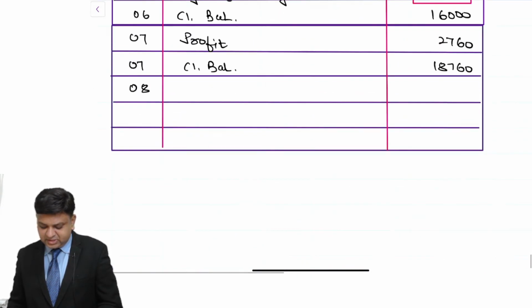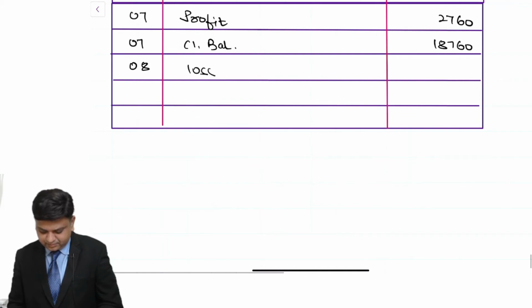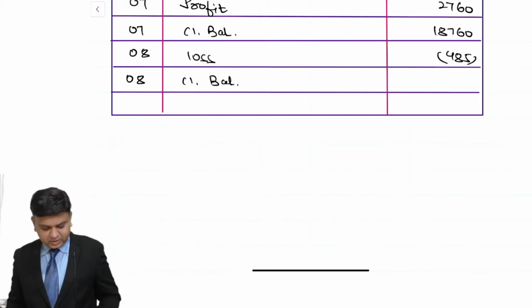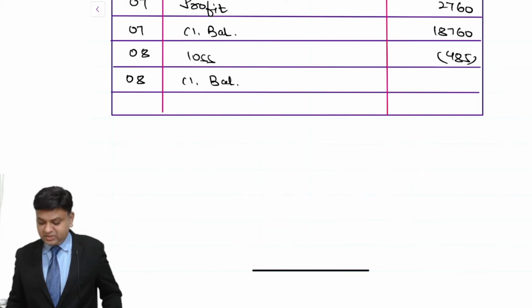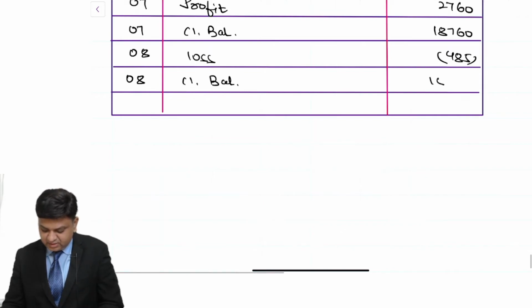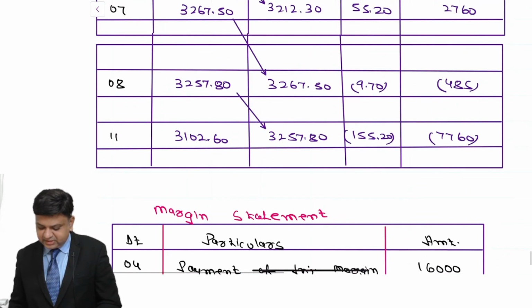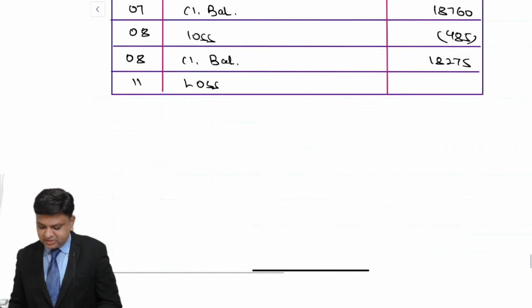On 8th, there is a loss of 485. So the closing balance is not falling below the maintenance margin. So there is no question of payment of margin. 18,275. On 11th, there is a loss, 7760.